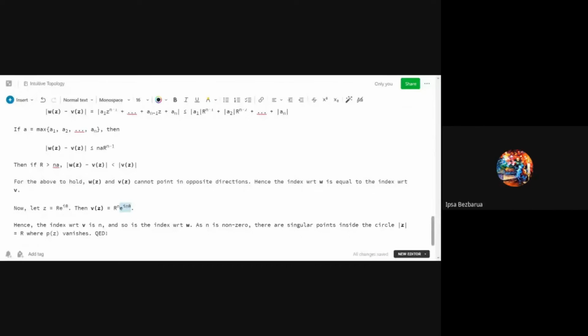Going back to Evernote, I apply that idea. So the index of the circle is n, and whatever index is coming from this circle is going to be caused by the singular points inside the circle. So if the circle doesn't have any singular points, I can contract the entire circle down to one point.